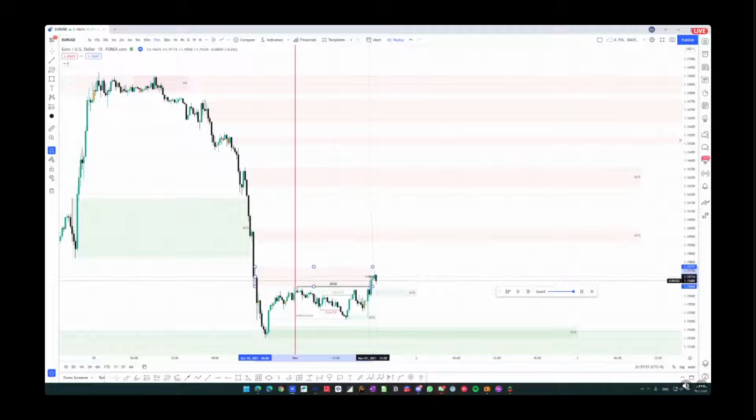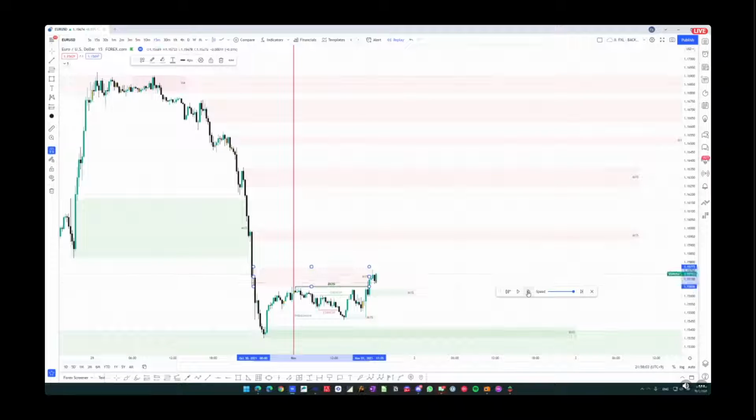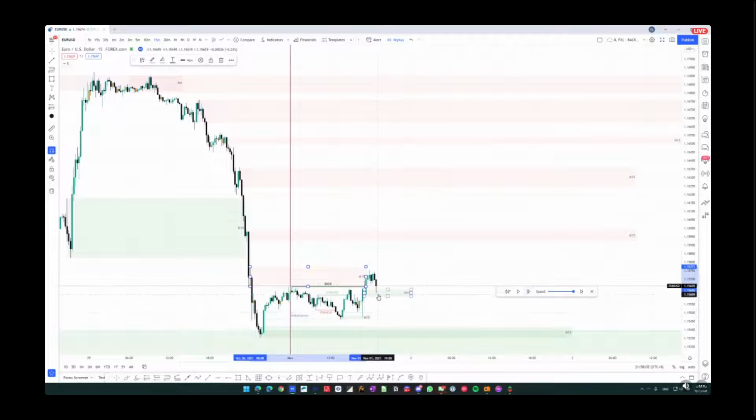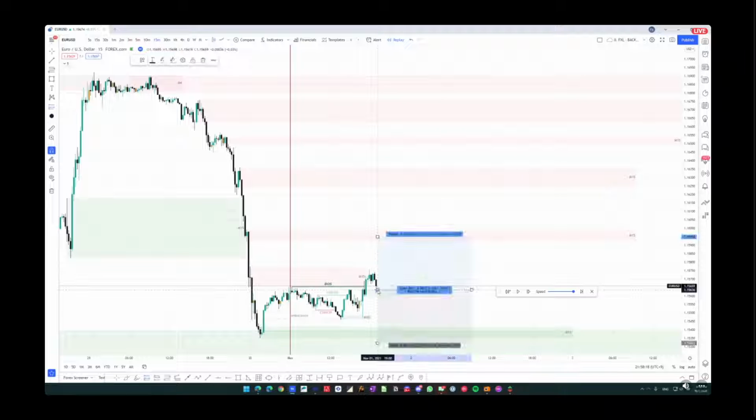This supply had a reaction, went off of it. It looks like it's going to go through it, but let's see. Okay, so actually here could have been our entry. Let's say that we entered there because this is the supply. Let's just put it at the top.